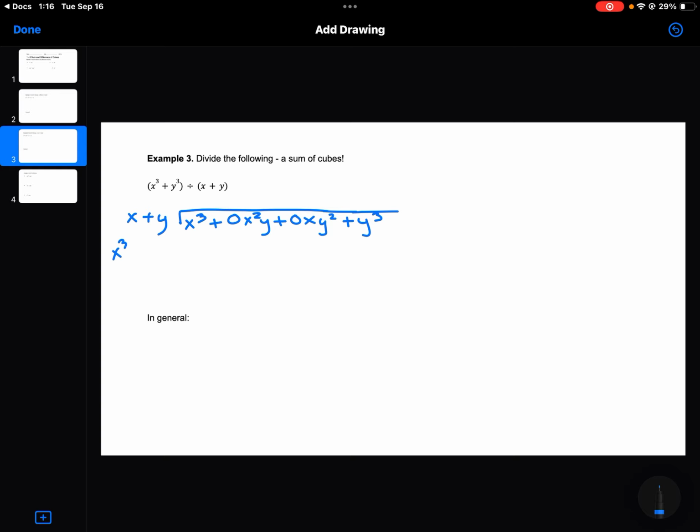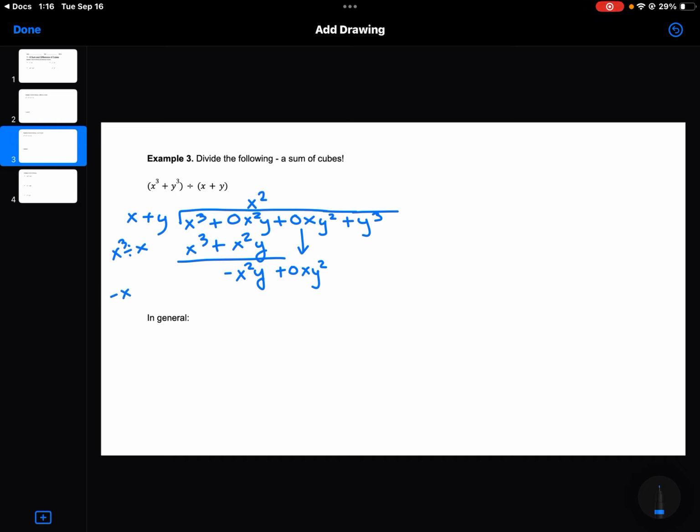And then I'm going to start off by doing x cubed divided by x would be x squared. X squared times x is here, plus x squared y. And then I'm going to subtract. Here I get negative x squared y, bringing down my next term.